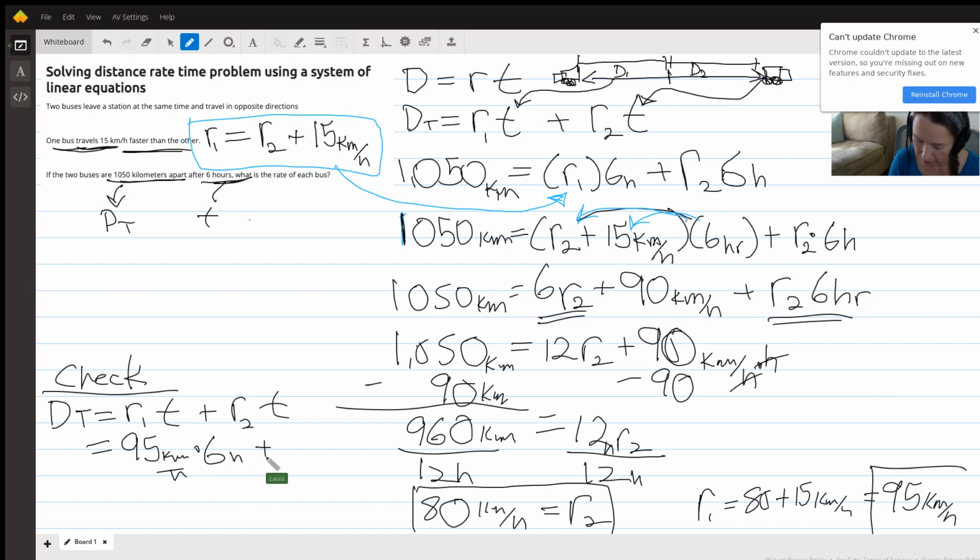Our second rate is 80 kilometers per hour, also getting multiplied by 6 hours. And if that ends up actually equaling 1,050 when you do all the math through, then you know for sure that your check has passed and that you really got the right answer.